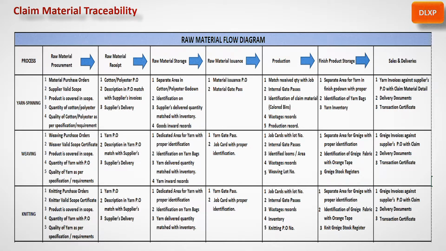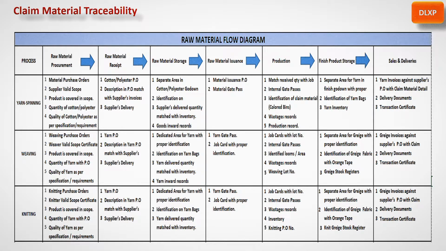Wastage records are very important. Throughout every stage of the process, you should have a document which mentions the wastage record at each stage of the production. Then the production records, in terms of production reports, are available for each stage of the production.